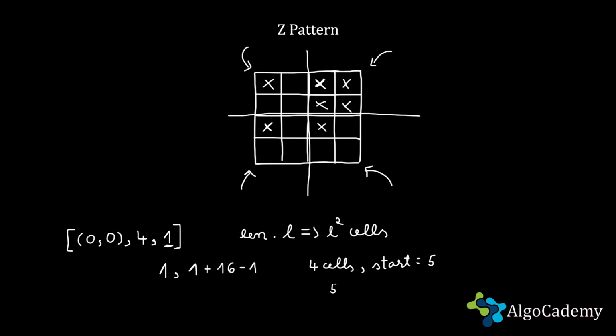So I know it's 5, 6, 7, 8. Those are the numbers. And as you can see, 8 is 5 plus the number of cells, right? Minus 1. 5 plus 4 is 9, minus 1 is 8, right? So this is a mathematical trick.